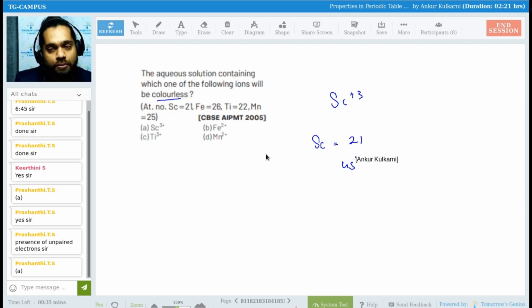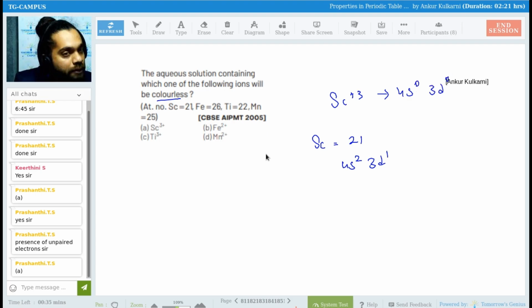So it is 4s2, 3d1. If it is plus 3, it will become 4s0, 3d0. No unpaired electron, no color. So it is colorless. Scandium 3 plus. All of the others will have unpaired electrons. So I hope it is easy.